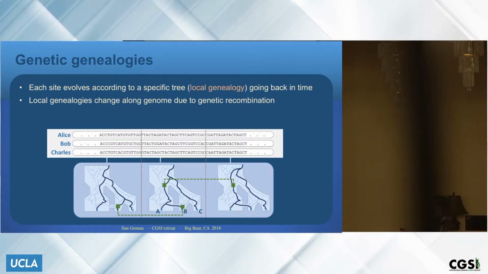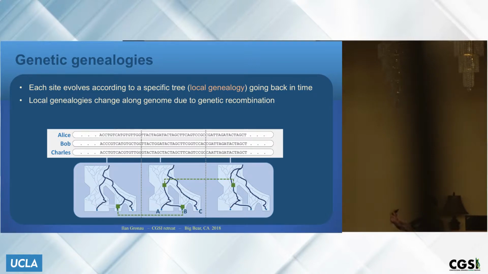So these recombination events are the events that change the tree as you go along the genome, and some of them change it substantially, like here we actually change the structure. This is a very informative event. Some are less informative, right? It could be just that the switch changes the coalescent time, but it doesn't really change the structure of the tree.